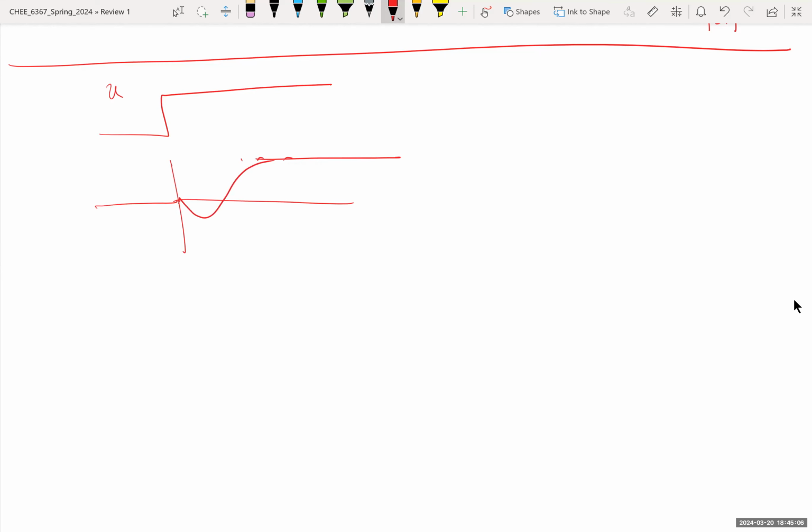Because you think maybe the process would go like this, but eventually it goes up. Well, if it goes up, the steady state gain is positive. You need to know that. If you get this wrong and you think it's negative instead of positive, you cannot design a controller, basically. You'll easily get instabilities in the closed loop if you have a controller with integral action, a PID.